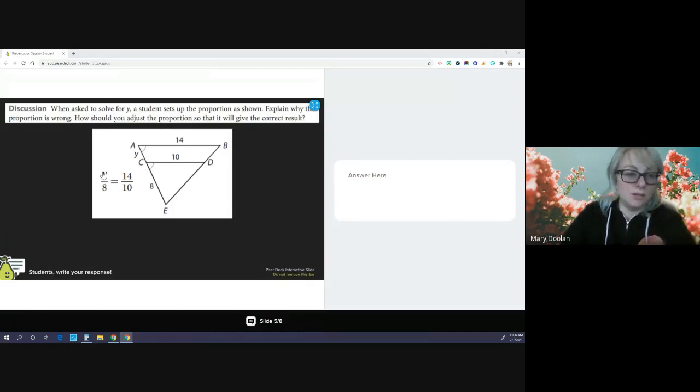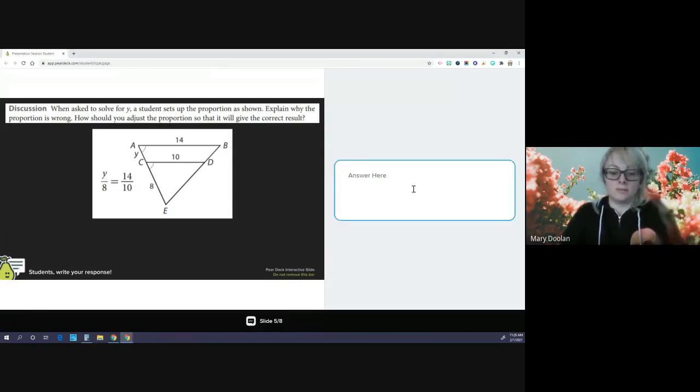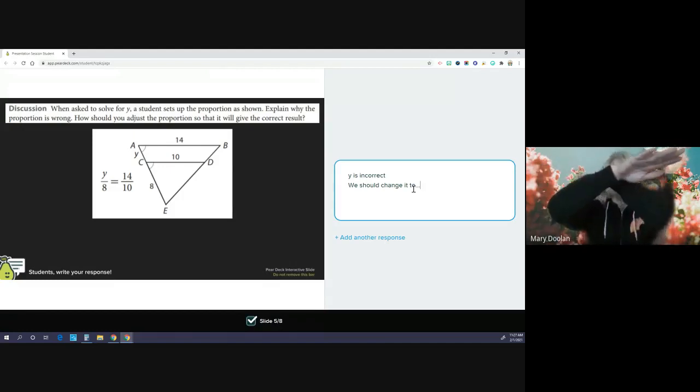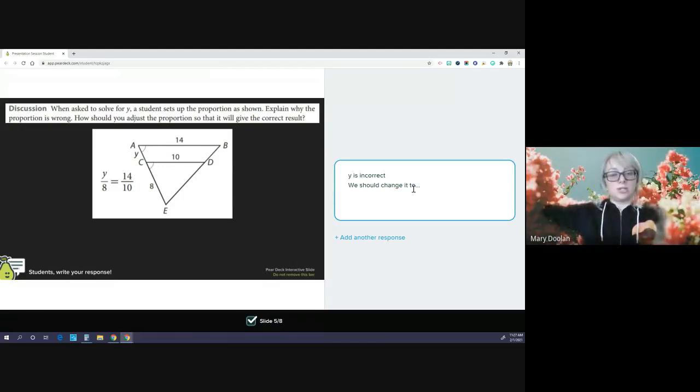Y can't be here. So y should not be there. Y is incorrect. And we should change it to, what should we change y to? So if you look at the numerators, 14 is the top side length of the biggest triangle.